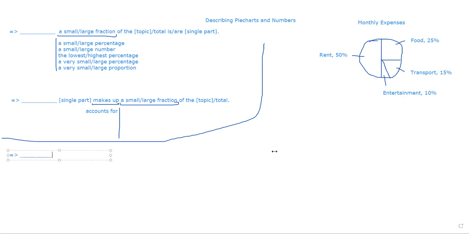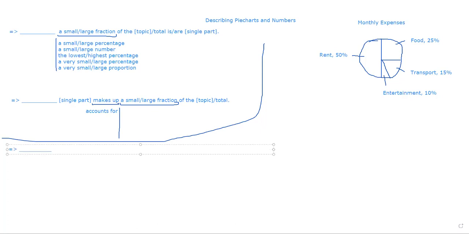If it is the first sentence of the second paragraph, we're going to include according to the pie chart, or it is clearly evident from the pie chart, it is clearly visible from the pie chart. Those expressions. And for the following sentences, we are going to use the connective words.